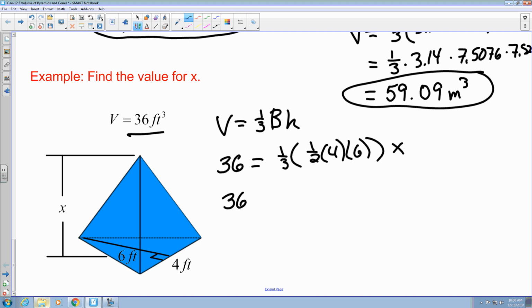So I get 36 is equal to 1/3, and then inside the parentheses, the area of the triangle is 6 times 4 times 1/2, which is 12. And now I get x, so 12 times 1/3 is 4. So now I've got 36 is equal to 4x. Divide 36 by 4, we get x equals 9 feet.